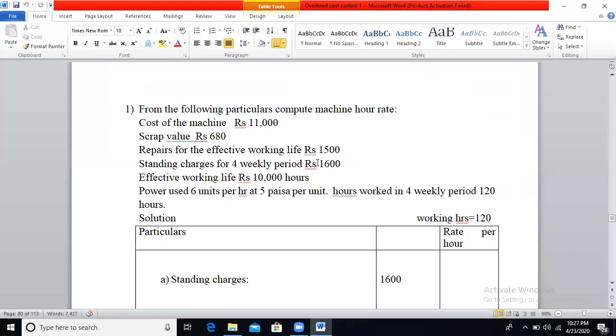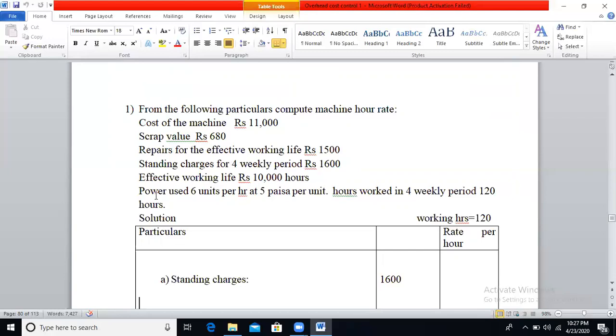The total value will be 1600. Effective working life, 10,000 hours. So for calculation of depreciation you have to consider effective working life in machine hours. They have given directly effective working life of the machine in hours.